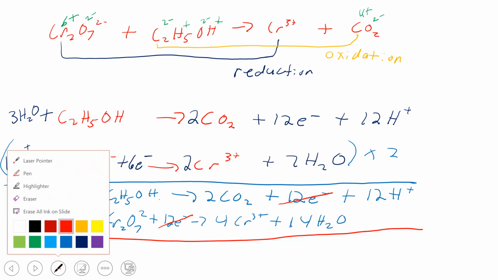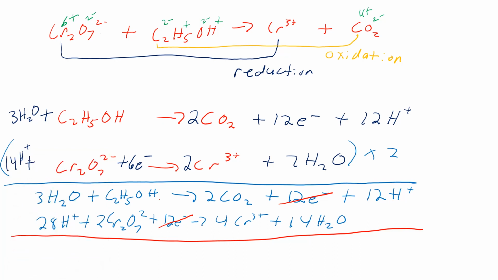So we need to see if those cancel each other out. Let's take a look here. We have 3 waters in our first reaction and 14 on the product side of our second reaction. So these 3 waters will cancel out 3 of these, which leaves us with 11 waters.